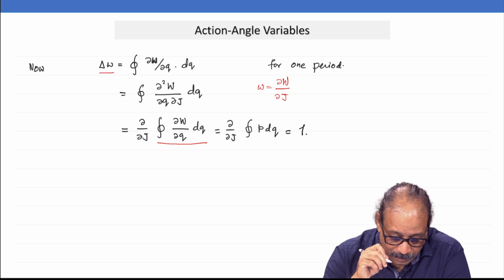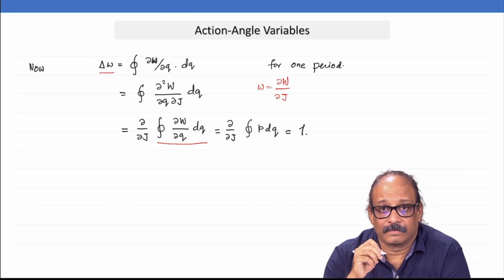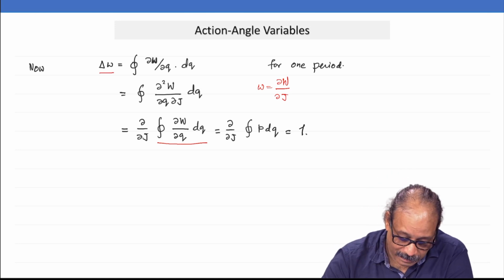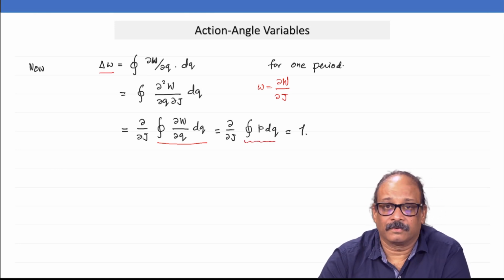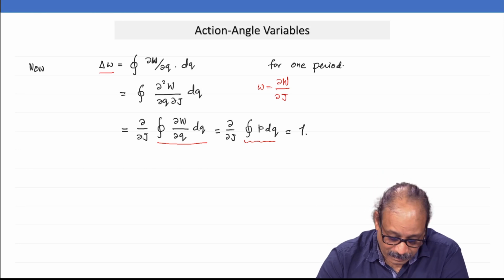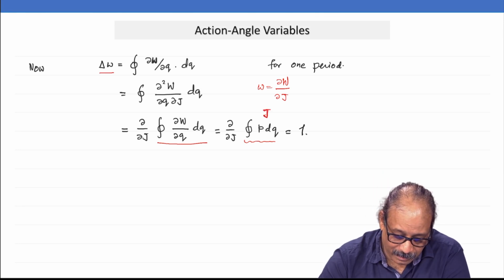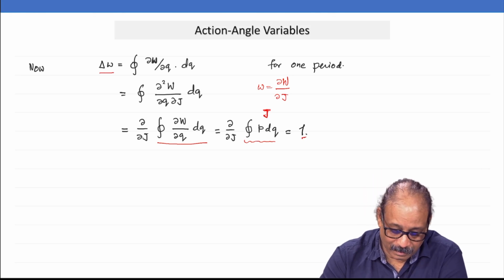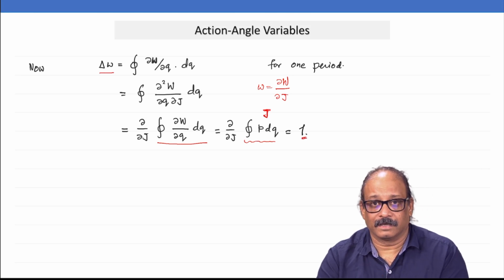But what is del W by del q? That is nothing but small p, the old momentum, and then this in fact comes to the integral of p dq, which is nothing but the variable J. So, the partial derivative of J with respect to J, that is 1. Okay. This is the key thing in the entire calculation there.